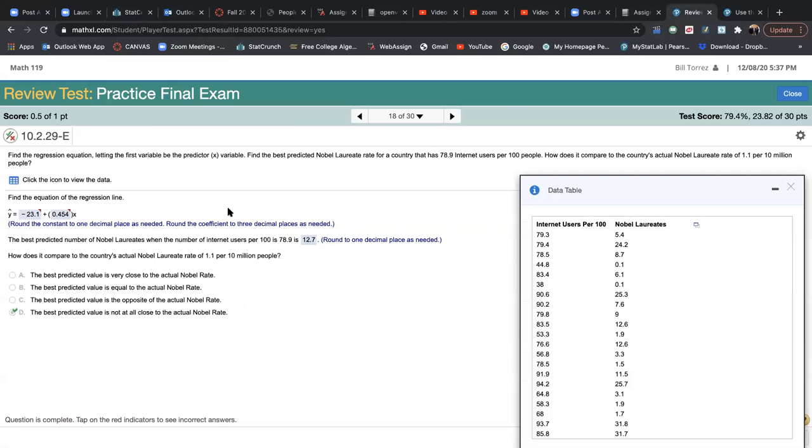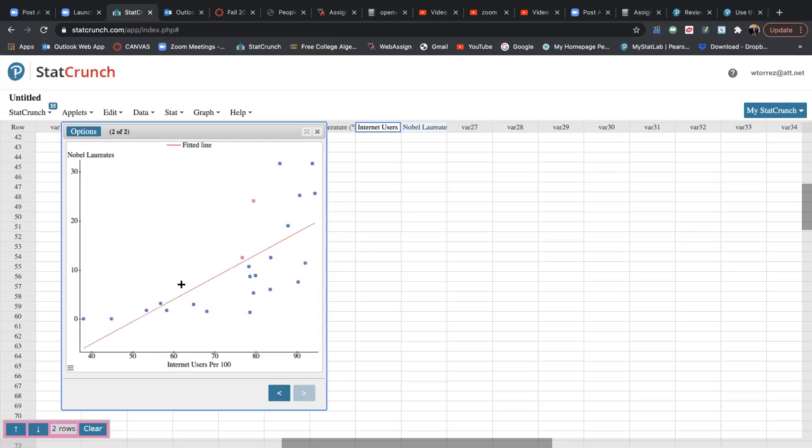See here, the number of internet users per 100 is 78.9. Now the line is predicting about 12.7. But when we go back to the graph here, we see that there's a little bit of a discrepancy because of this large residual here.